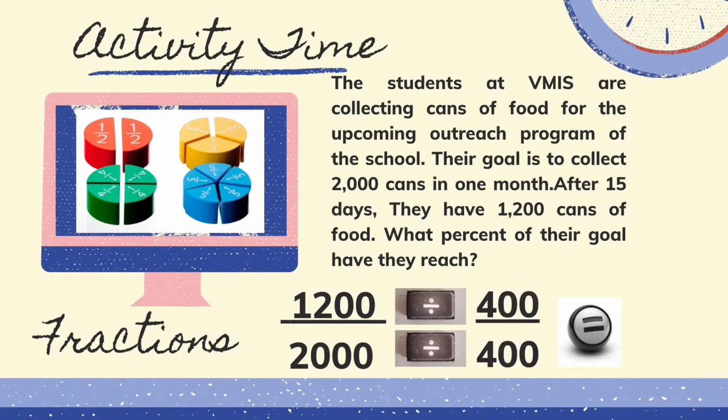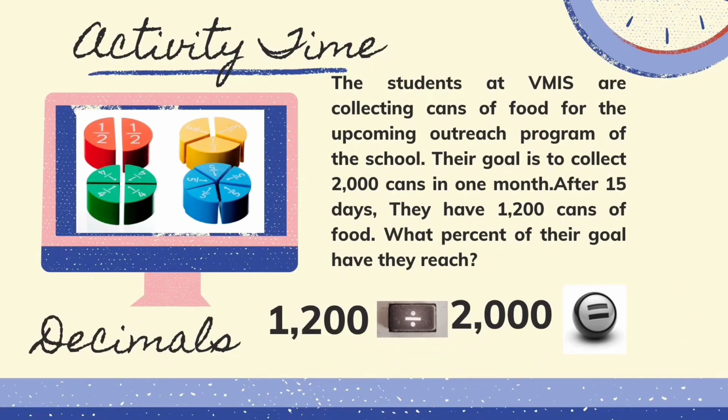Next is to simplify the fraction. To make the fraction in its simplest form, you divide it by 400. The simplest form will be 3/5, meaning 1,200 is 3/5 of 2,000. That is the fractional part of the 1,200.